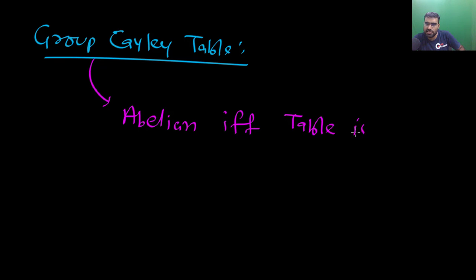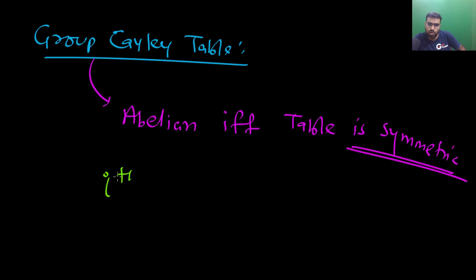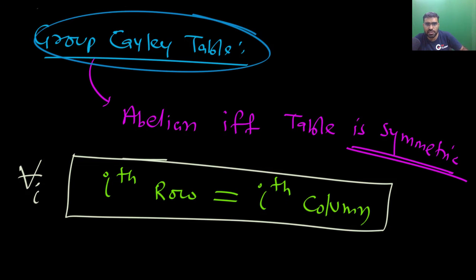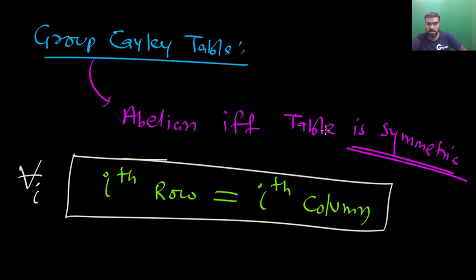Symmetric simply means that the ith row must be the same as the ith column, for all i. Means the first row must be the same as the first column, the second row the same as the second column, the third row the same as the third column.